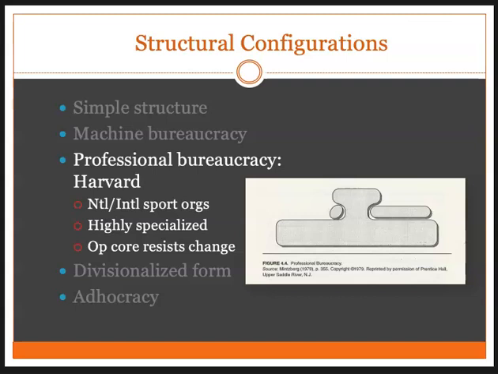So the training and the oversight of your so-called workers in this case is collegial and happens at the level of the operating core. So this would be a true lateral coordination at the operating core level.